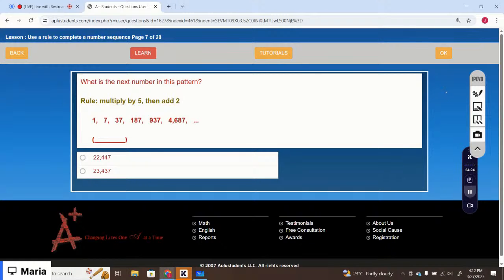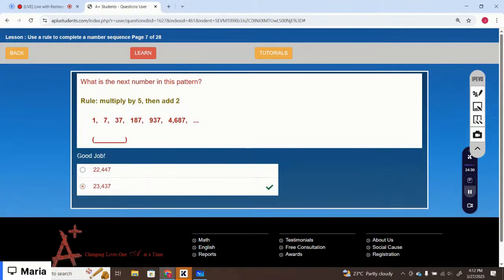Option number 2 is the correct option. Very good.